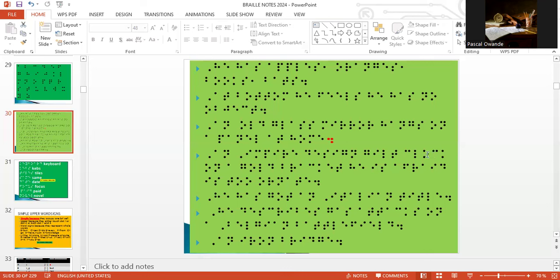Clock is C-L-O-C-K, and empire design, gilt clock, O-N, on, A, G-O-L-D, on a gold, B-R-A-C-K-E-T, on a gold bracket.